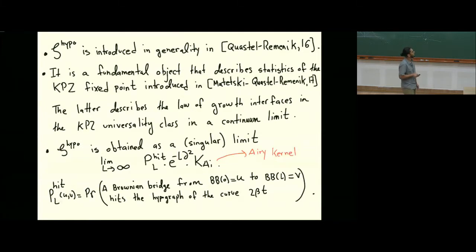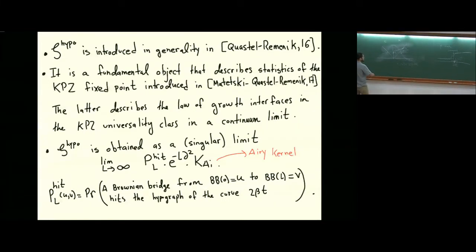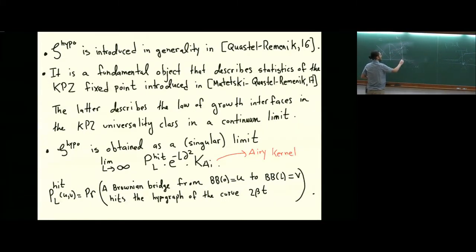And then there's this critical object, some kind of hitting density, P hit, which is nothing more than the probability density that a Brownian bridge from U at time 0 to V at time L hits the hypograph of this curve. So what you do is you fix U and V. This is L, this is 0, U, and maybe V is up here, or maybe V is down here.